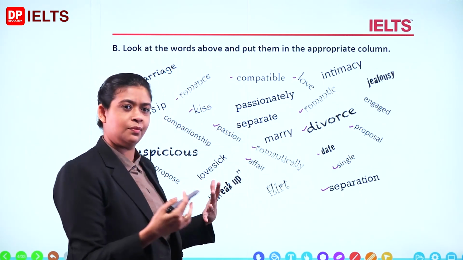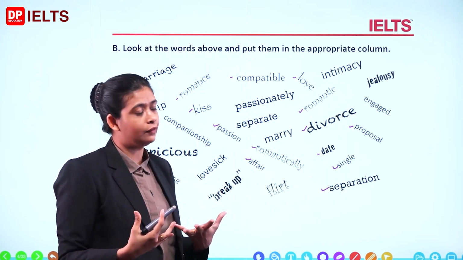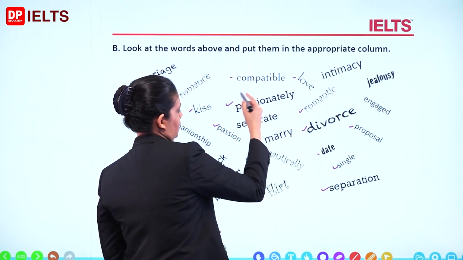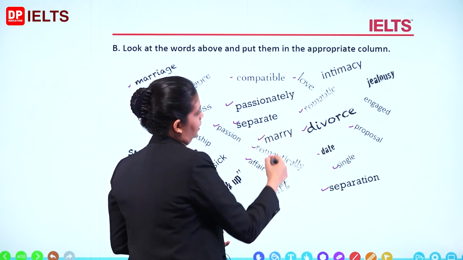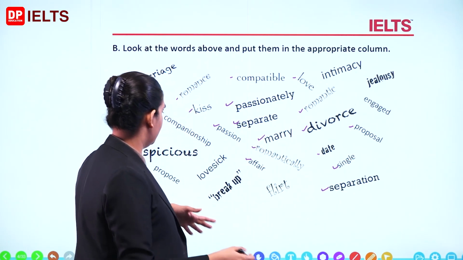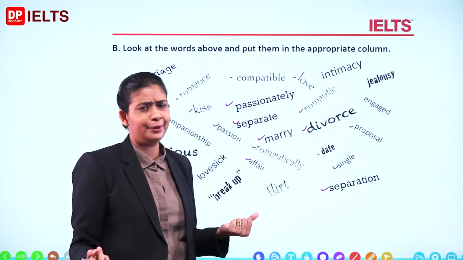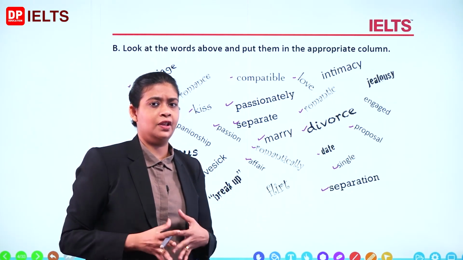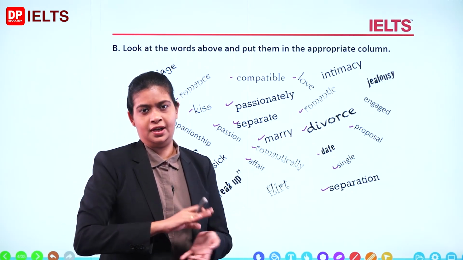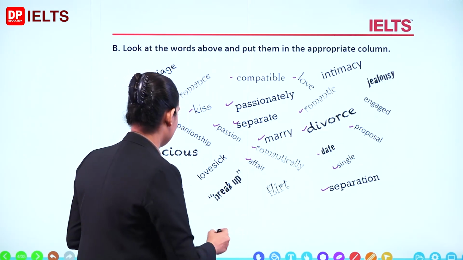You know, passion is something more than love when you're really in love, okay, passionately. Separate, marry, so I taught you those. Break up, girlfriend and boyfriend, usually it's like a breakup. I mean, husband and wife, they would separate, usually girlfriend, boyfriend, lovers, they break up, okay?